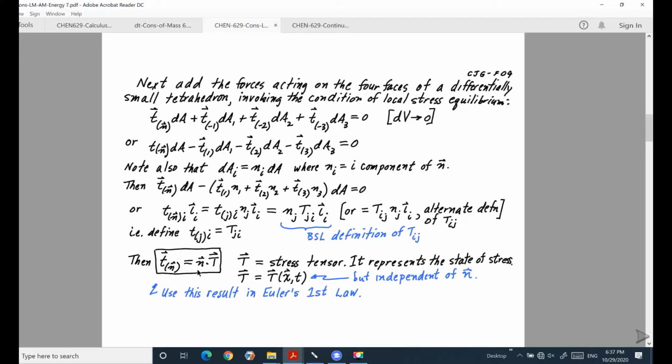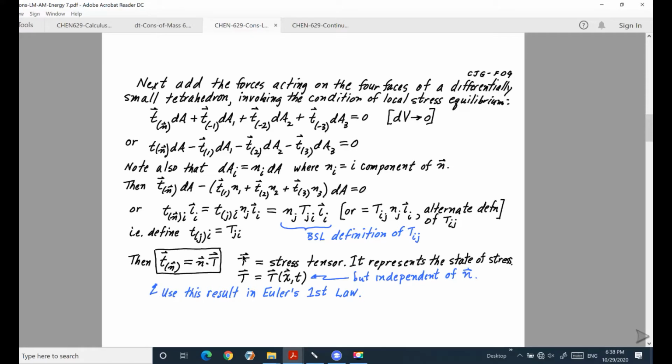And we can write this equal to that one in here. n is the unit vector, and the dot product between n and T is defined as the stress tensor. It represents the state of the stress on your system. T is the stress tensor, which depends on x and t, but is independent of n.